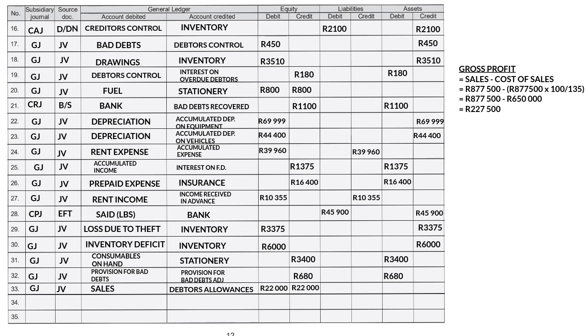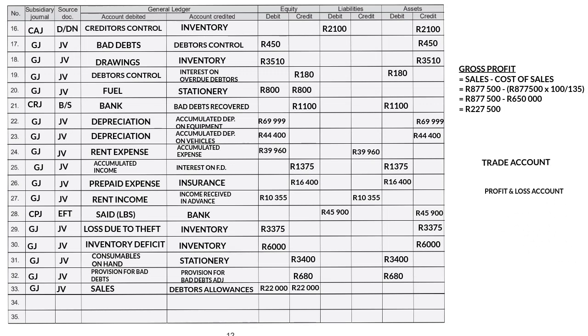So our gross profit will be 877,500 minus our cost of sales of 650,000, which gives us a gross profit of 227,500. The two accounts that you will open are called your trade account and your profit and loss account.